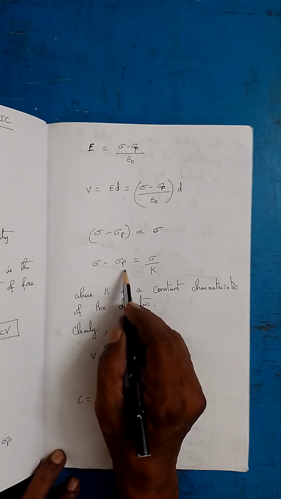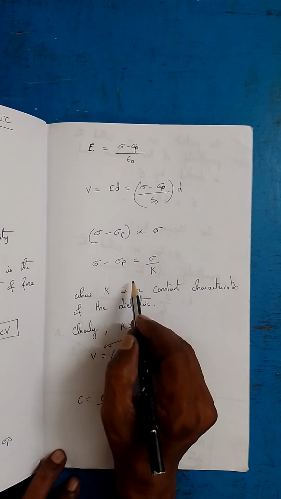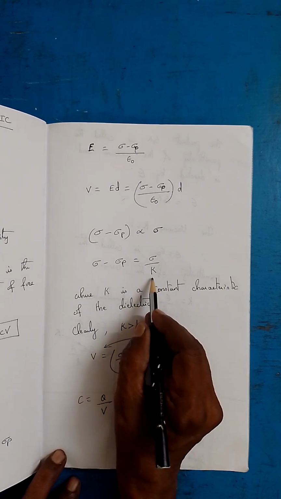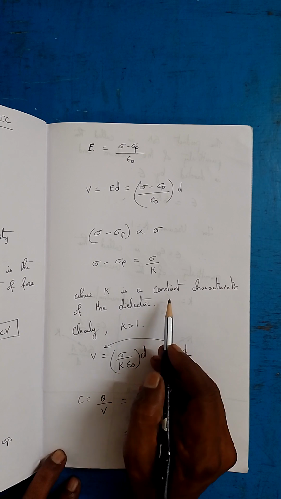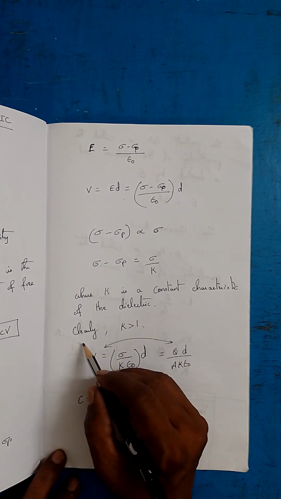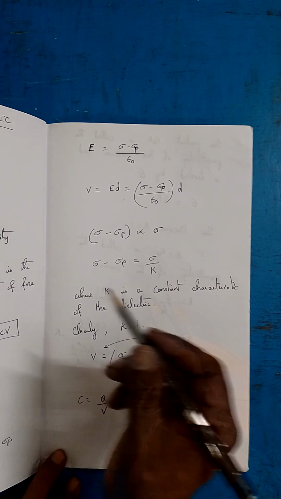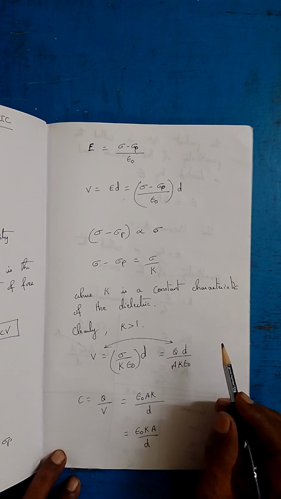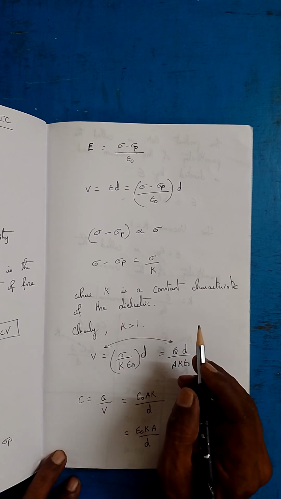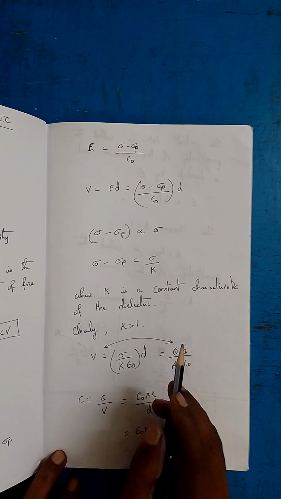So sigma minus sigma p is equal to sigma by k. That is, sigma minus sigma p is inversely proportional to k, where k is the constant characteristic of the dielectric. Generally, k is greater than 1, because the relative permittivity of free space we assume to be 1 in vacuum. So for all other dielectrics it has to be greater than 1.